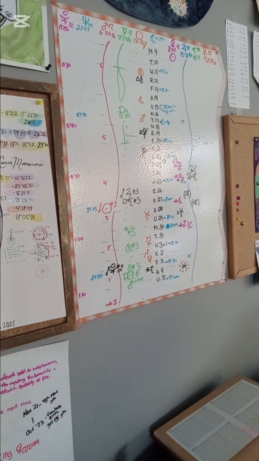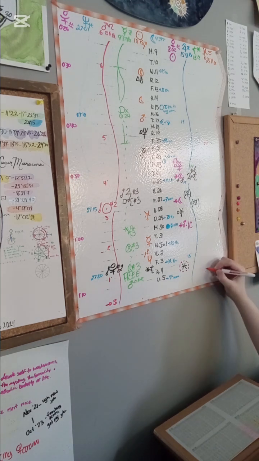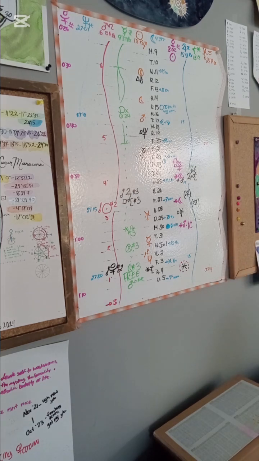And then we've got Uranus at the end. The nodes and Chiron move too slowly, and I don't have enough room on this calendar to give them their own column. So if something pops in with those, I'll just write them in as I go, unless they're really busy, and then they'll get their own line.